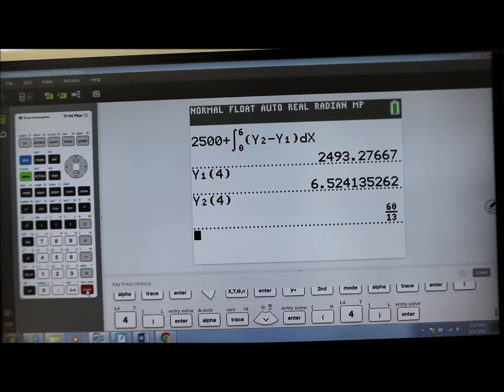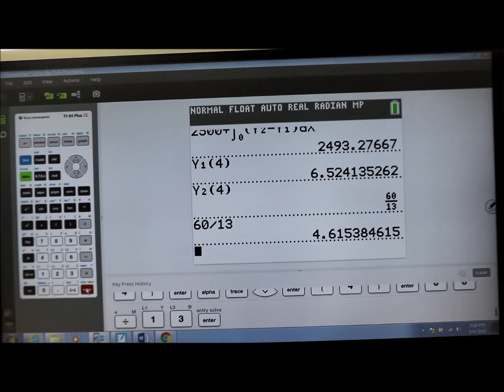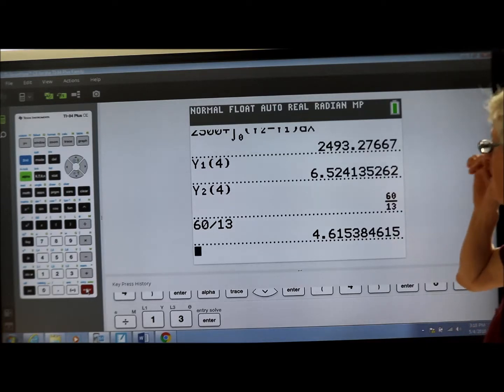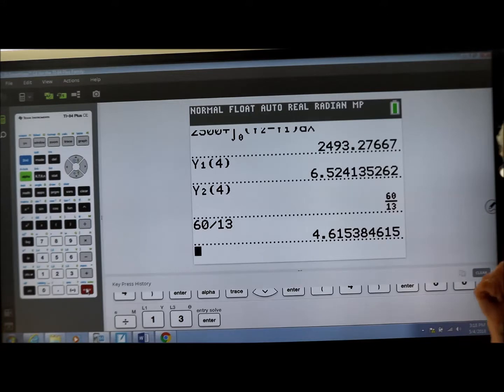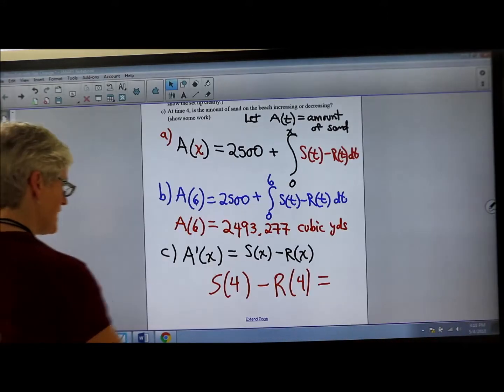Okay, you know, that is so annoying when calculators do that. But let's see. For some reason it wanted to do that. Is it going to continue to do that here? Okay, so 4.615. Okay, so this is so interesting, isn't it? So basically, let's go back to my page.